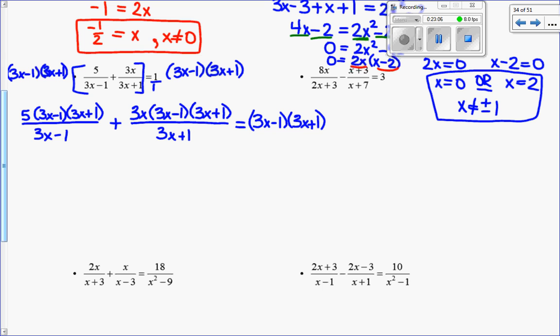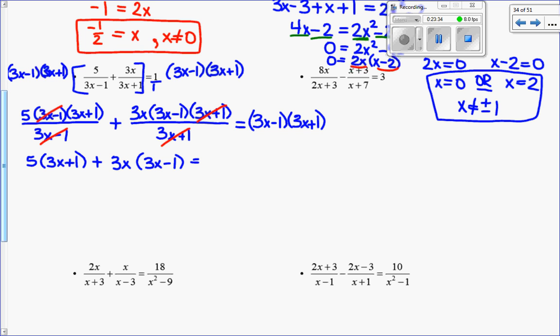Okay, now comes the fun part. We get to see what will cancel out to get rid of our denominators. And we can see what we're left with. We're left with 5 times 3x plus 1 plus 3x times 3x minus 1, and that's going to equal 3x minus 1 times 3x plus 1.